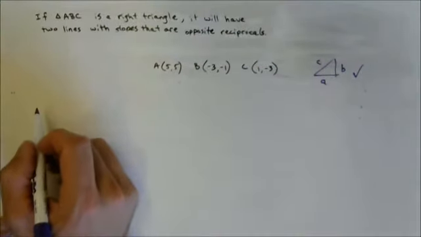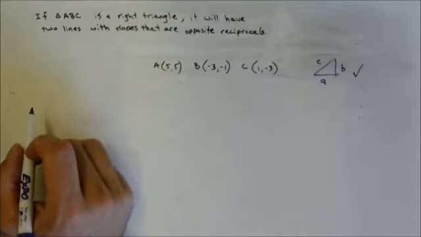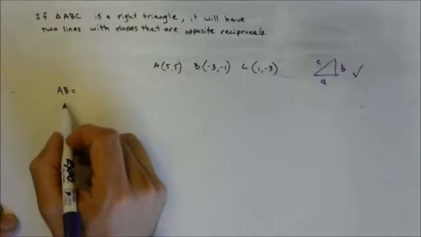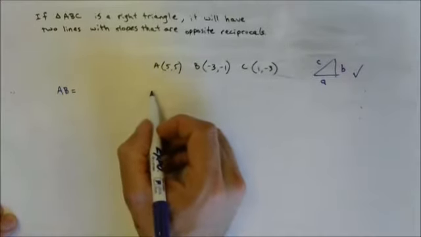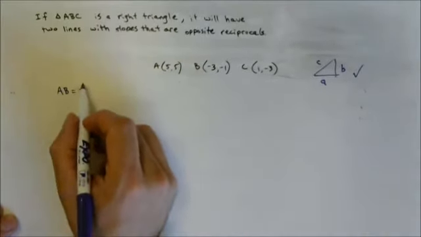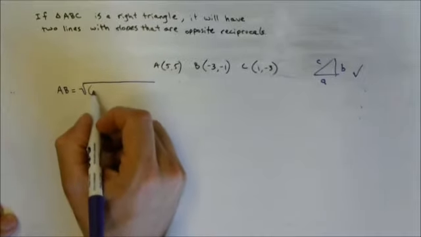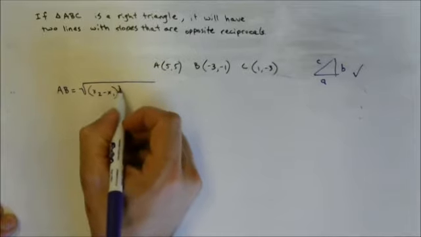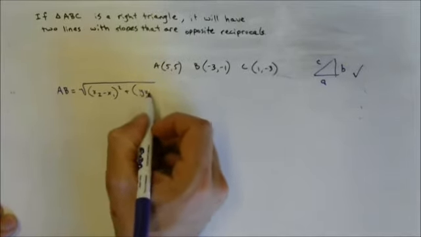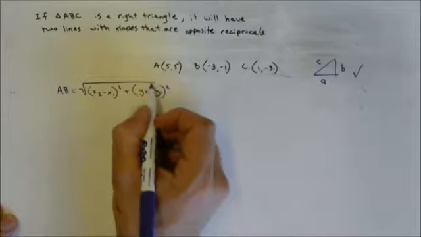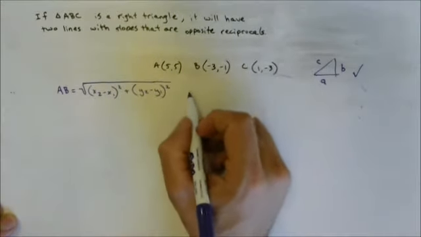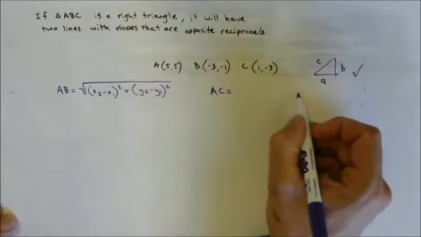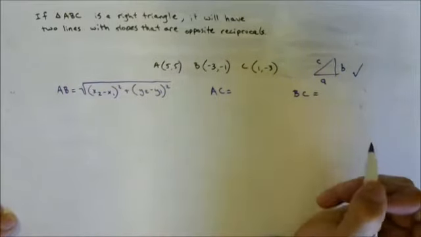So now all we need to do is find the length of each line using the length formula: x2 minus x1 squared plus y2 minus y1 squared, all under a square root. I'll write it out once, but we would do the same for AB, AC, and BC.